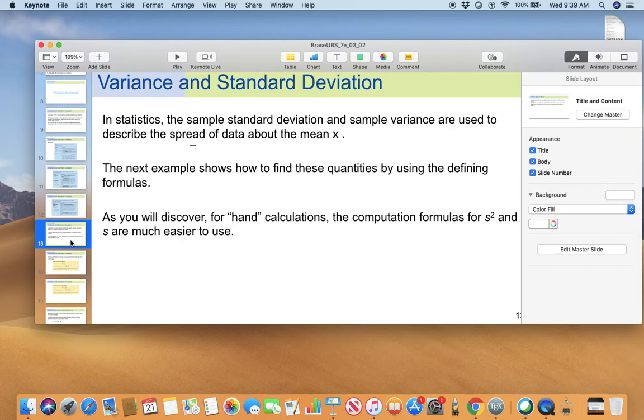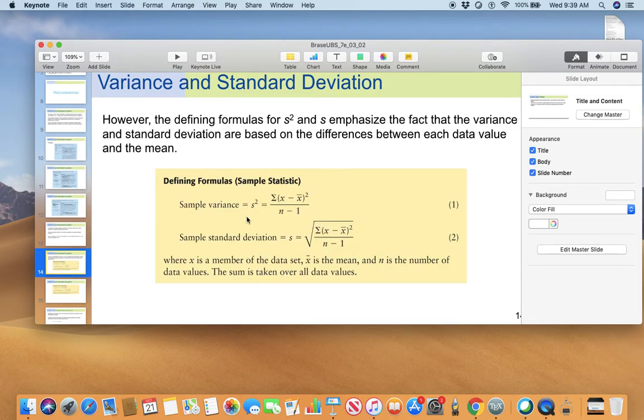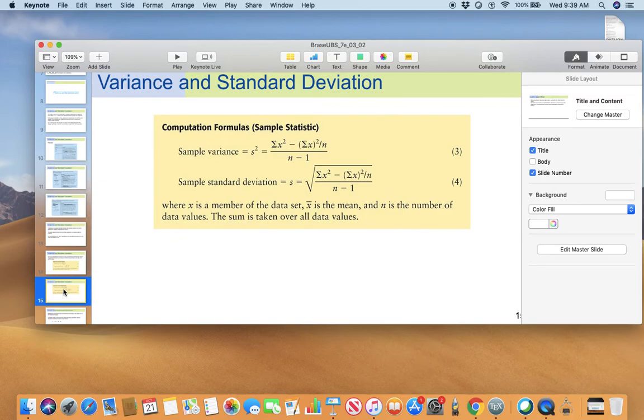Remember, the defining formula for variance and standard deviation has x bar, the mean, and the computational formula does not. Instead, you have something like this. So that's the variance and that's the standard deviation.